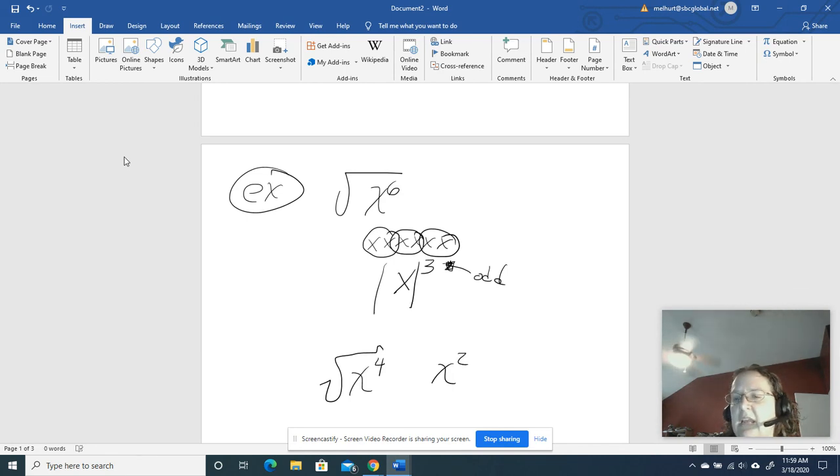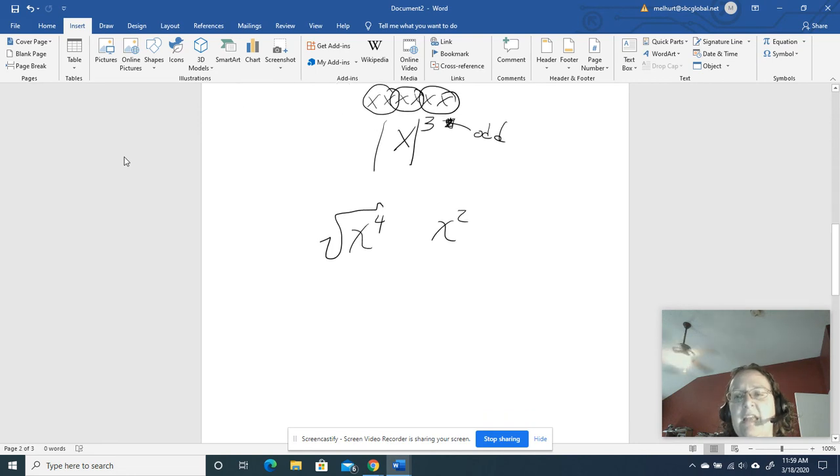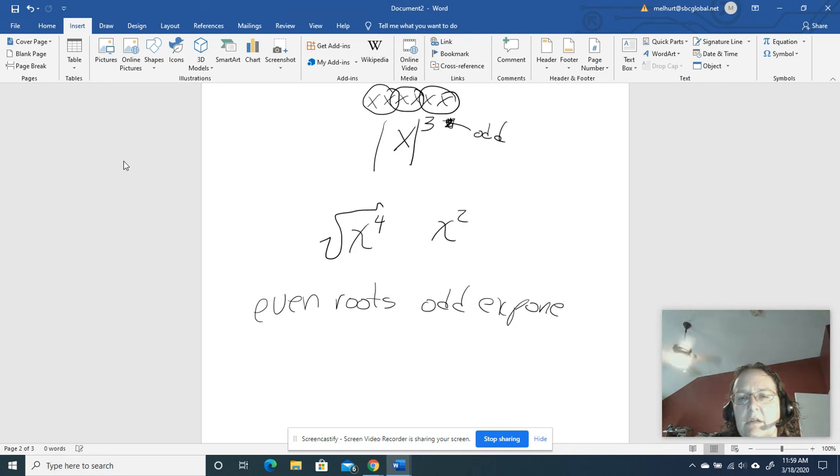This number is even, so I don't have to have the absolute value bars. You only have to do this when you're taking even roots and getting odd exponents. Even roots, odd exponents, then you need absolute value bars. It's the only time.